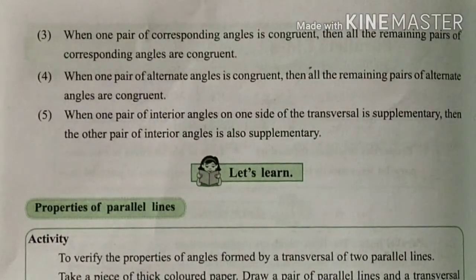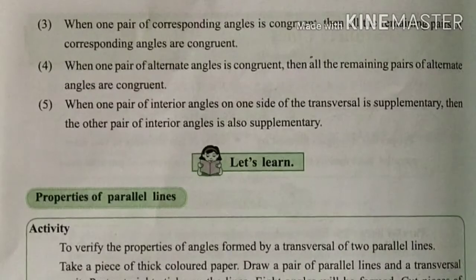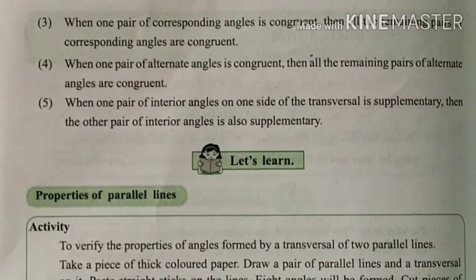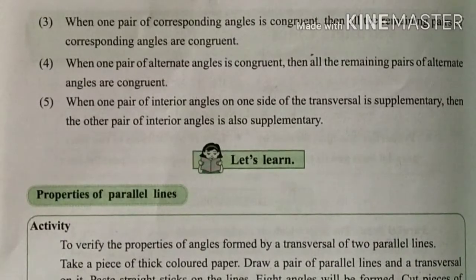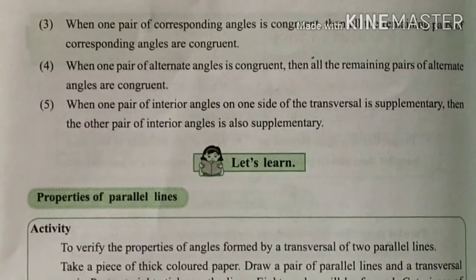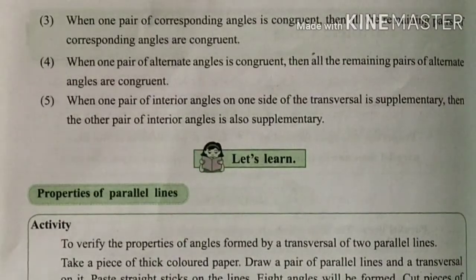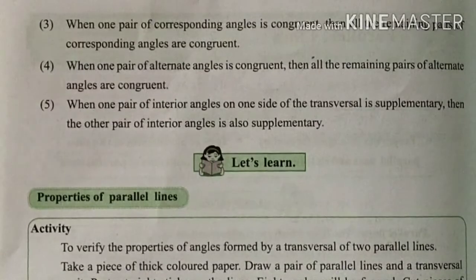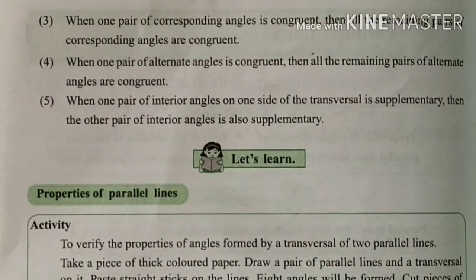The third one is when one pair of corresponding angles is congruent, then all the remaining pairs of corresponding angles are congruent. Yes. By the two lines and the transversal we get 4 pairs of corresponding angles, and if one pair of corresponding angles is congruent, then we can say all the remaining pairs are also congruent. Similarly we have the fourth one.